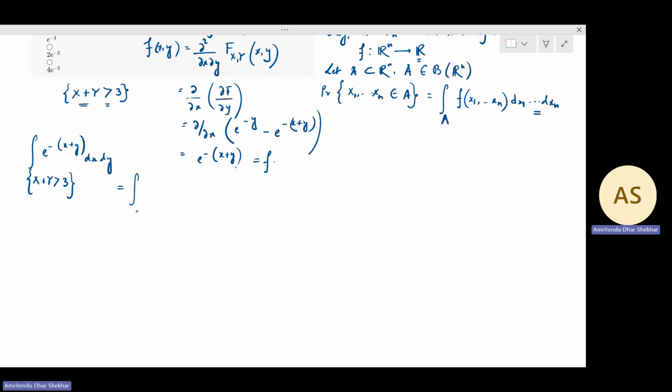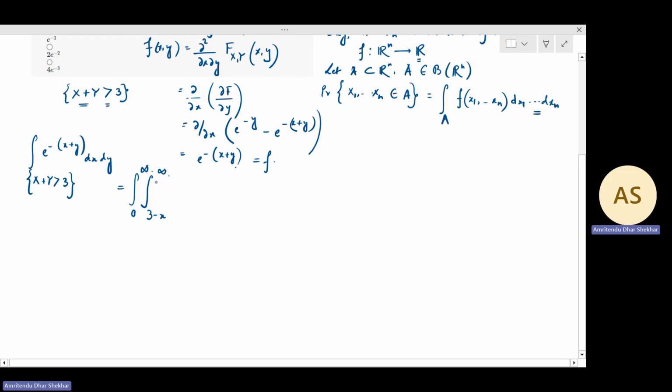So this is equal to integration 0 to infinity. Let's say you are integrating y by keeping x fixed. Then y is of course greater than 3 minus x, so y varies from 3 minus x to infinity.